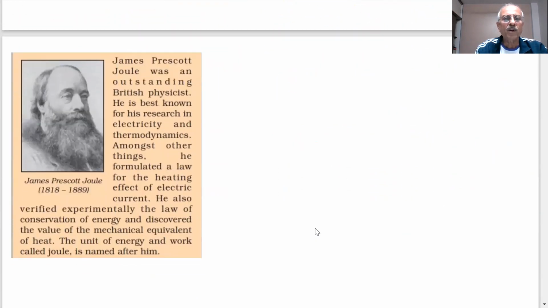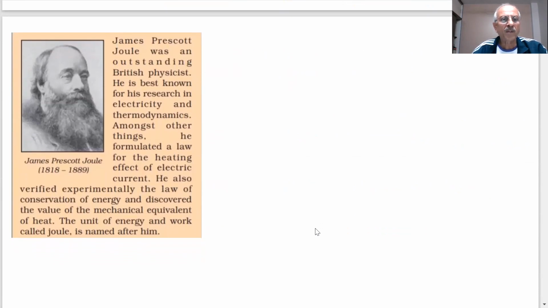The man who is honored, James Prescott Joule, is the honored scientist. The SI unit of energy has been given in the honor of the scientist James Prescott Joule.